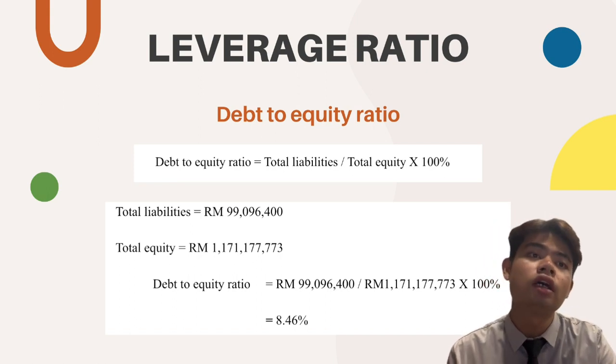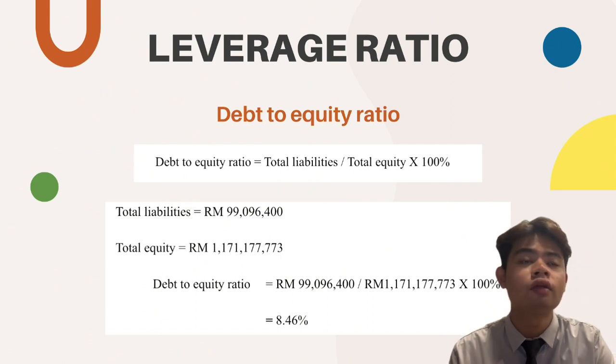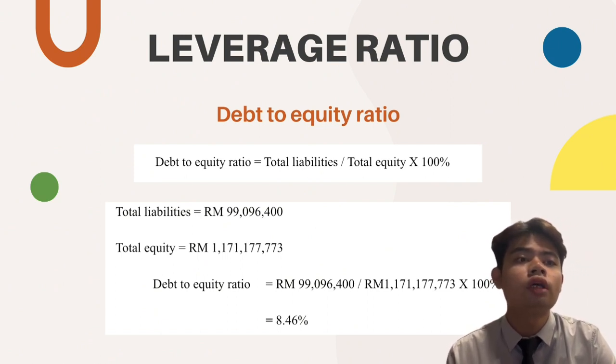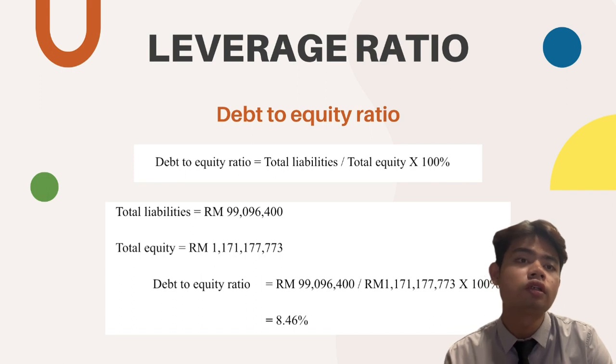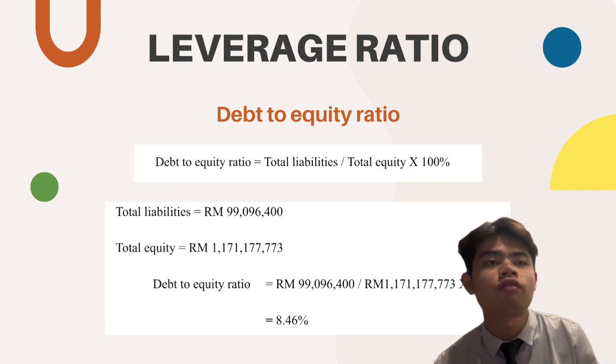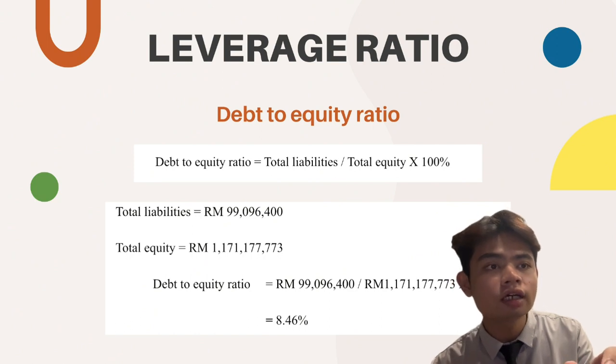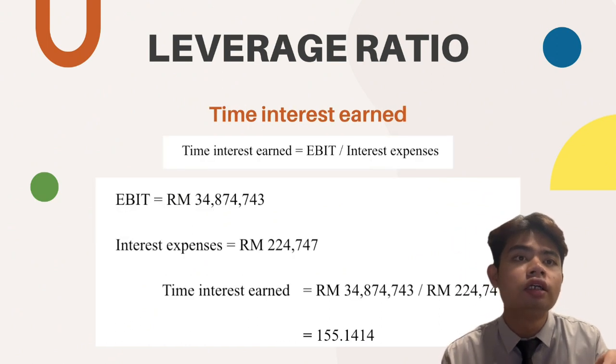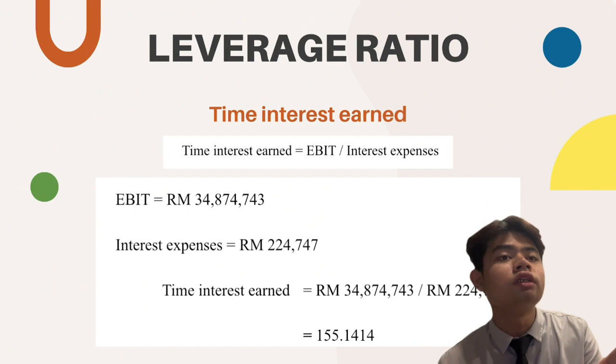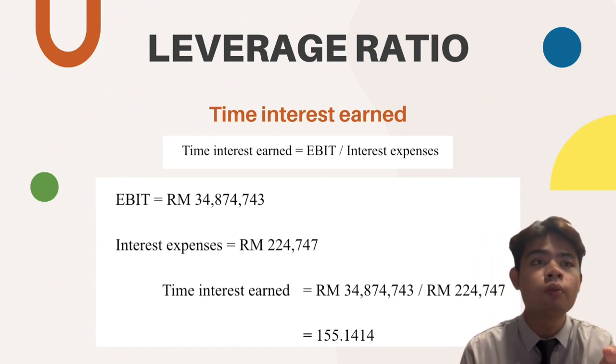So based on this amount, we divide them, and then we times 100%. We can find the total debt to equity ratio is 8.46%. And the last question is times interest earned, which is we need to find EBIT.